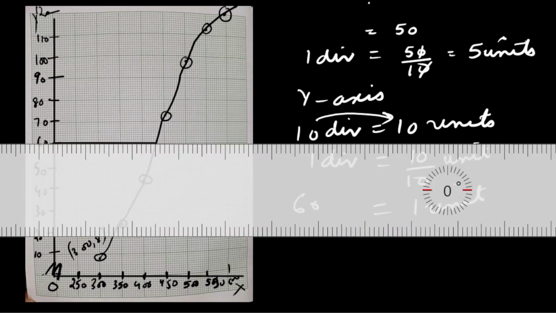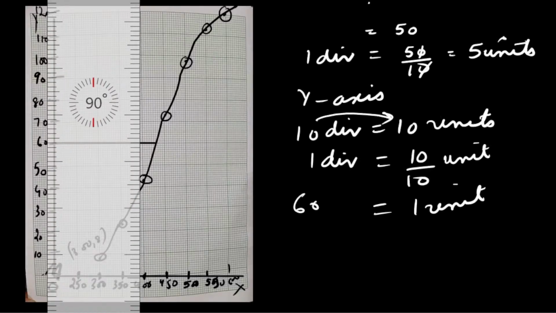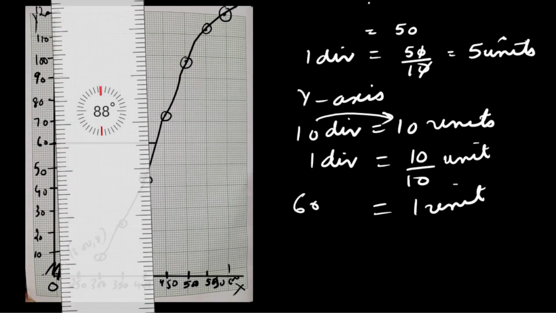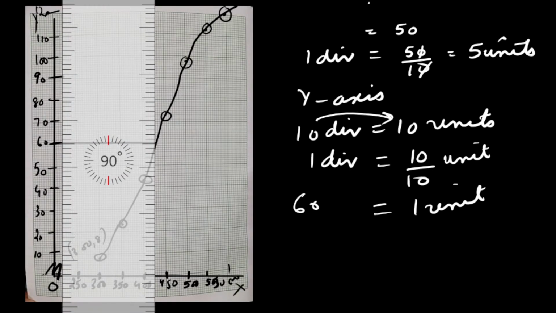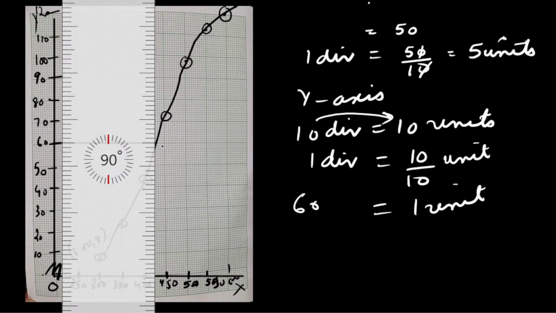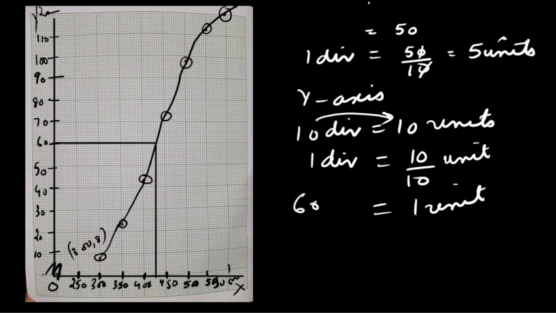Now where this line is meeting the curve, at that point you have to draw one straight line, a vertical line, and the line should meet the x-axis the way you have seen I have drawn.